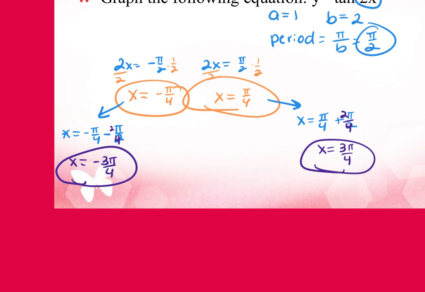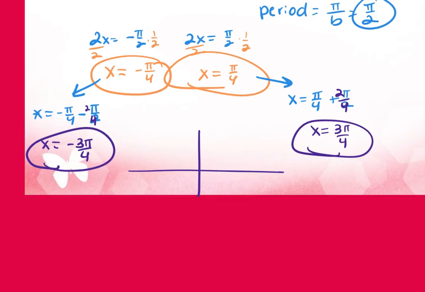And if you arrange it like we just did, then left to right on here will go left to right on your axis. So the furthest one to the left would be negative 3 pi over 4. Then would come negative pi over 4. Then would come positive pi over 4.